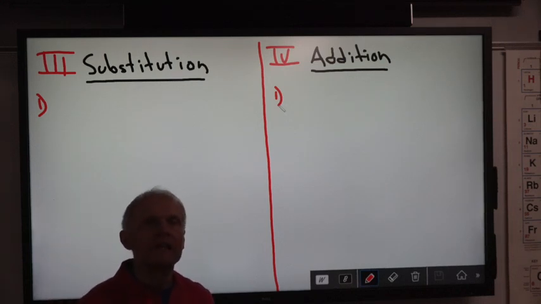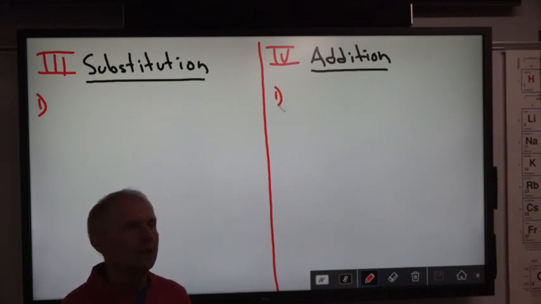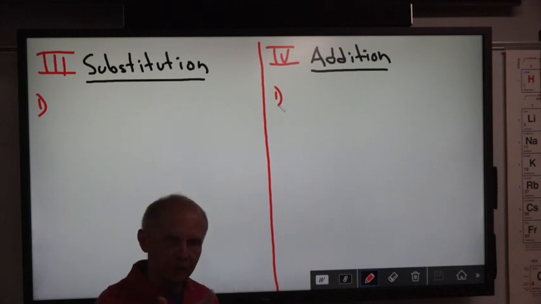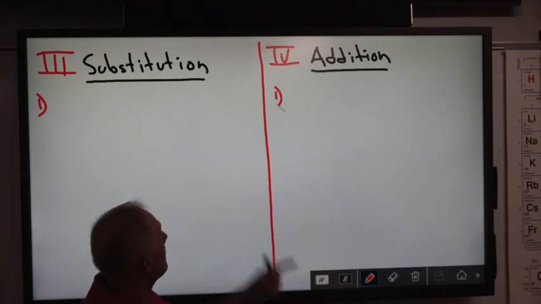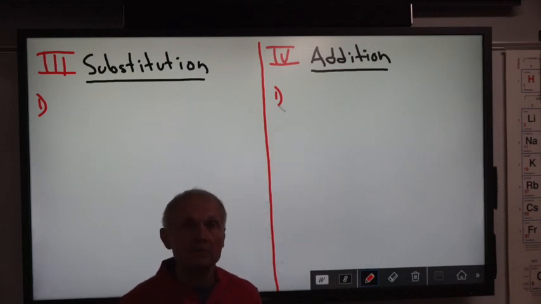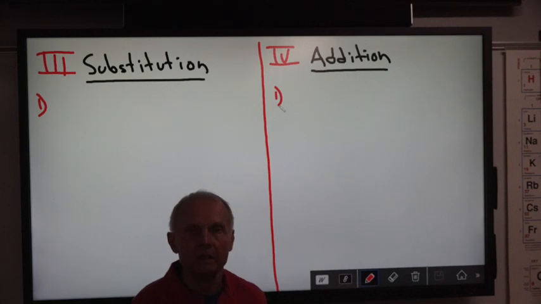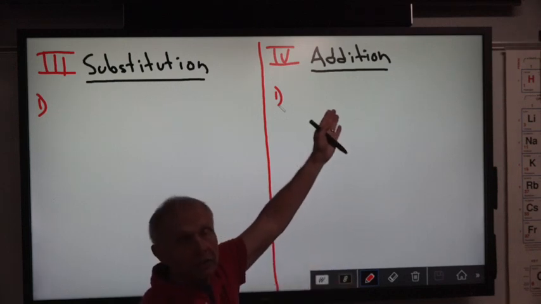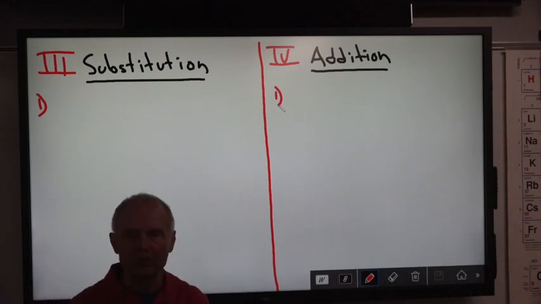Substitution, like if you're at a basketball game and you substitute something, one person comes in, one has to go out. That's substitution. For addition, addition means you just bring something in and add it to what's there already. All right? So that's addition, you add it to what's there already. Substitution, one comes in, one must go out.